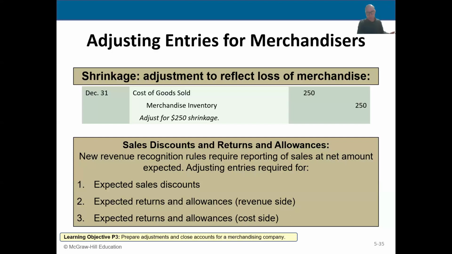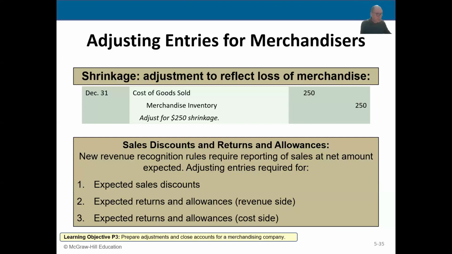Now, this type of adjusting entries are required for things like the expected sales discounts, and expected returns and allowances on the revenue and cost sides. Well, fancy terms, right?